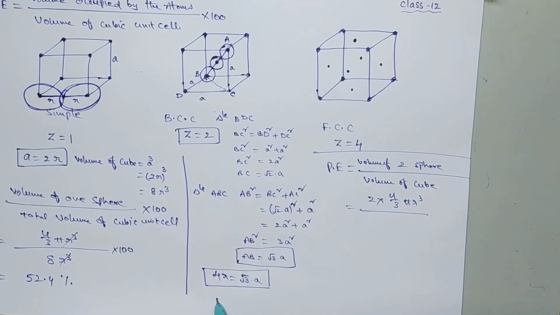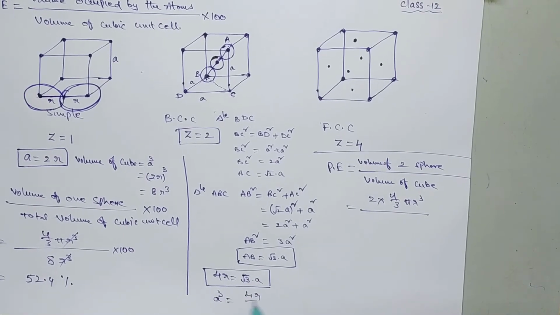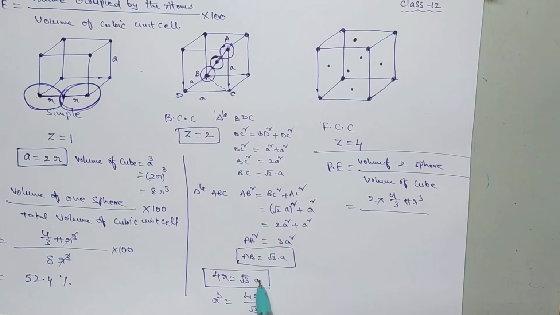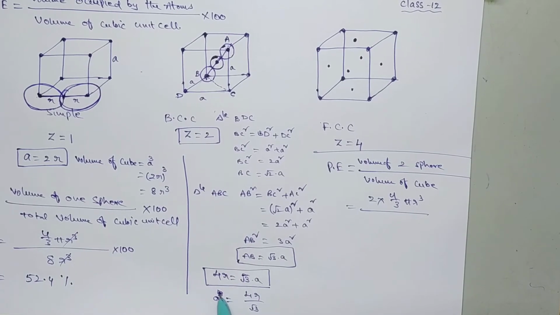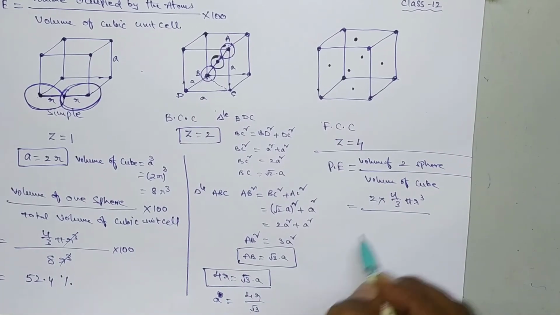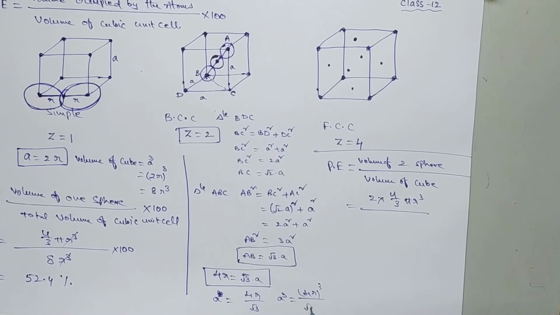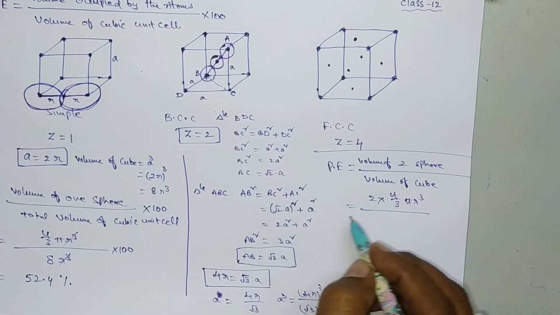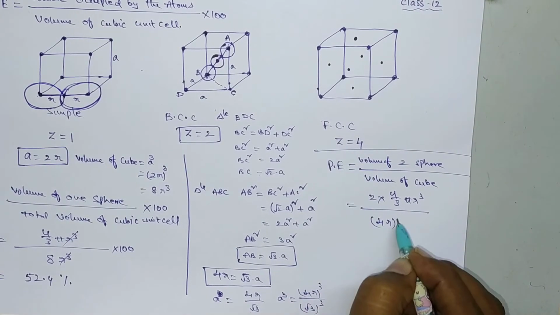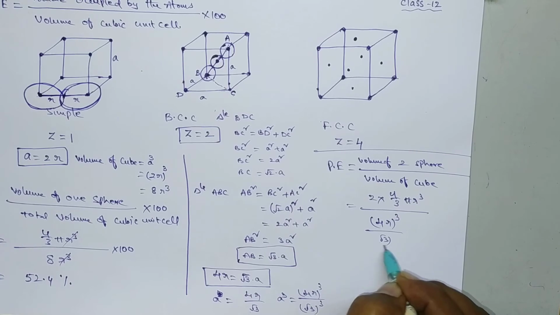The volume of cube means a cube, where a means 4r by root 3. So a cube means 4r whole cube by root 3 whole cube.